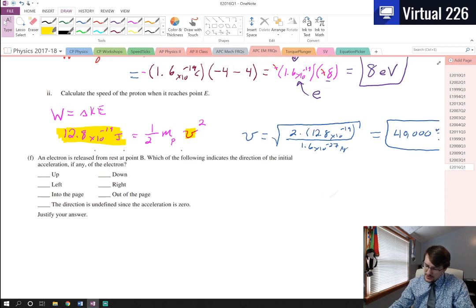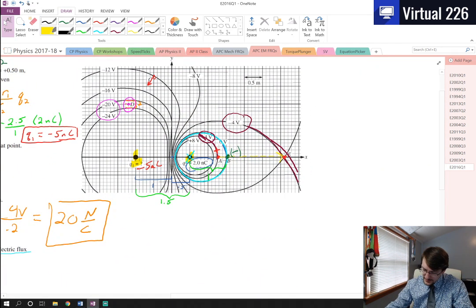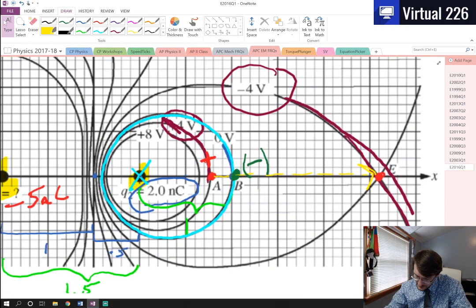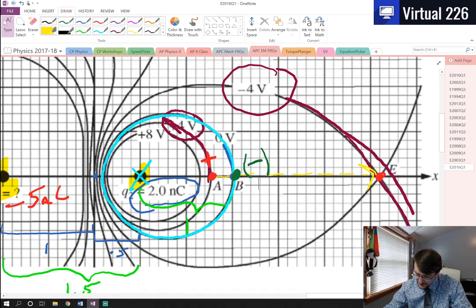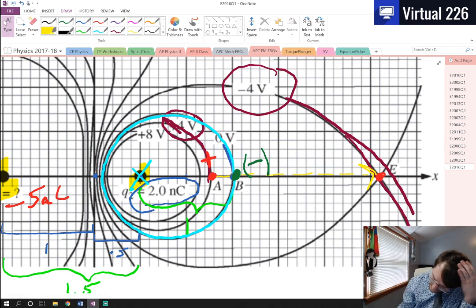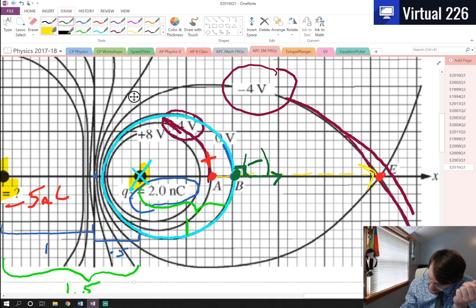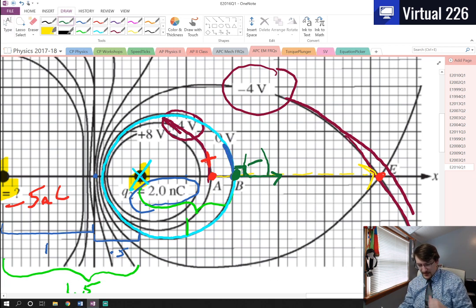Okay, so let's take a look at this. Well, we know that the electric field lines at point B are going to be pointing this way because they have to be perpendicular to the isoline that exists there.